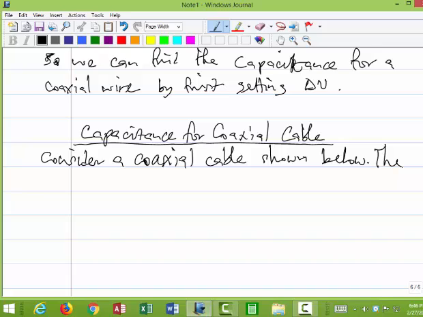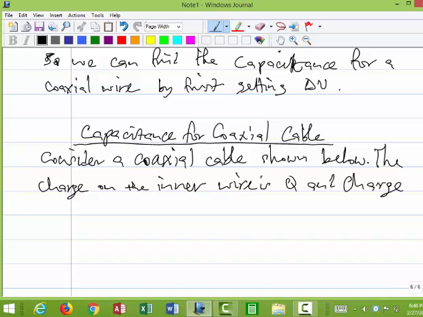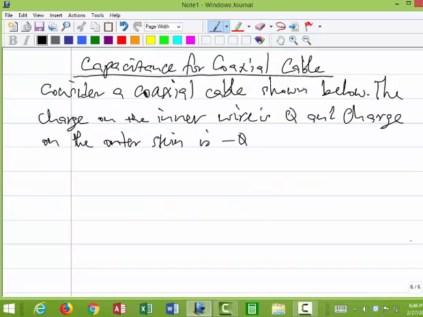We can say that the charge on the inner wire is Q, and charge on the outer skin is minus Q. So let's say we have this arrangement. So this is Q and this is minus Q. So this is a coaxial wire.